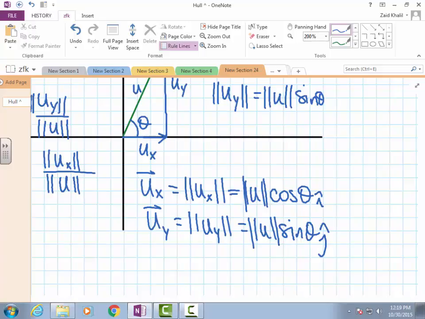And so now, what can you do with that vector? What can you do with this vector? Notice it. You can break it up into its x component and its y component, right? And so, of course, what type of vector is that? What type of vector was it when I threw it?